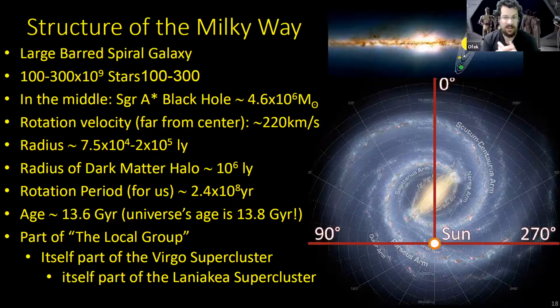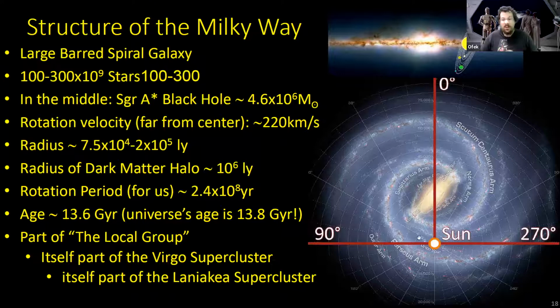And some people think that's important for phenomena on Earth on very, very long timescales of hundreds of millions of years. The galaxy is actually quite old. It's only 200 million years younger than the universe itself, more or less to the accuracy that we know. So the galaxy actually formed a very long time ago. Our sun, as you might recall, is less than 5 billion years old. The Earth is about 4.6 billion years old.